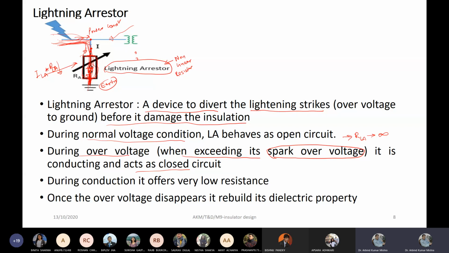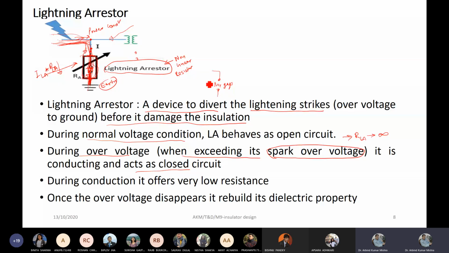In fact, in a lightning arrestor, both are happening. A very simple lightning arrestor is just an air gap, nothing else. Just an air gap also behaves like a lightning arrestor, usually in a very low voltage system.